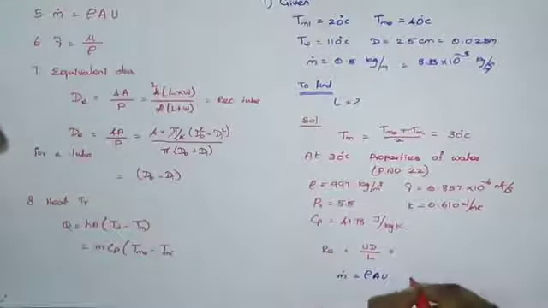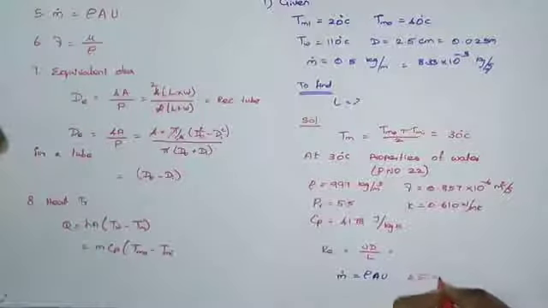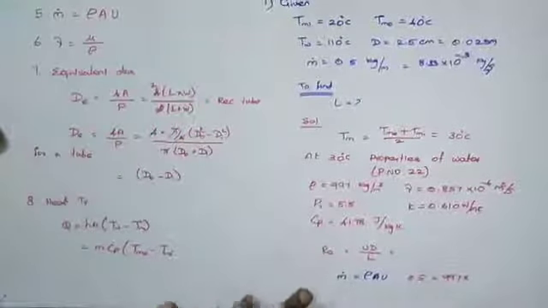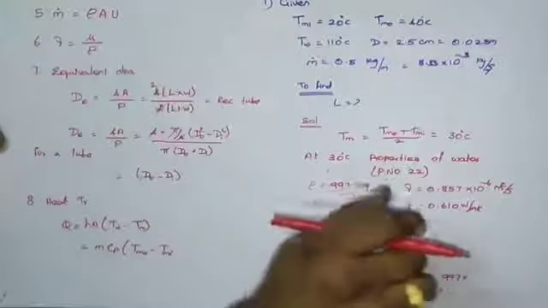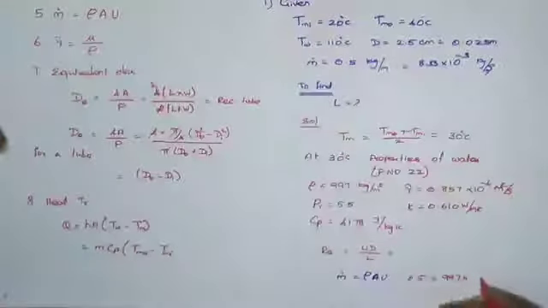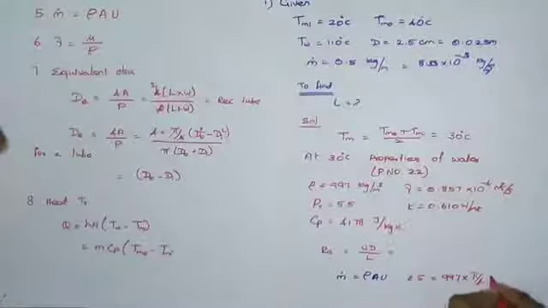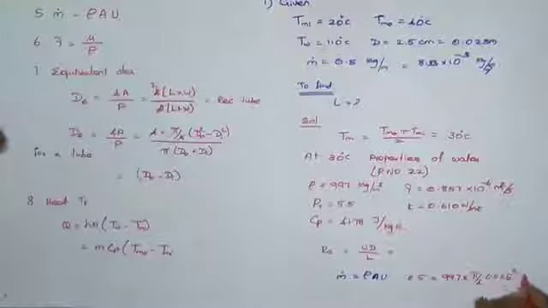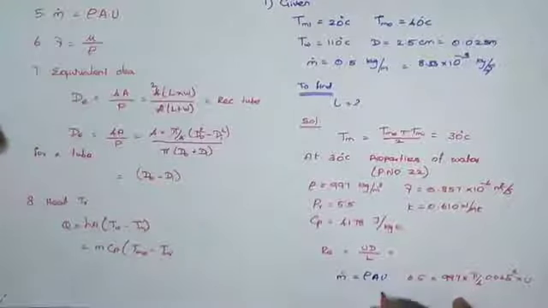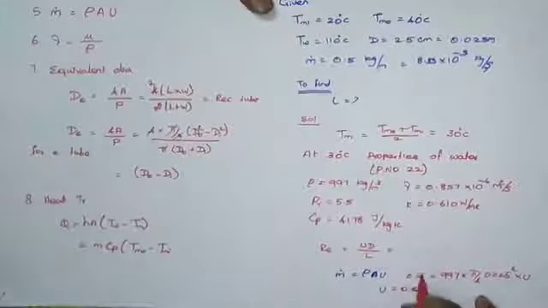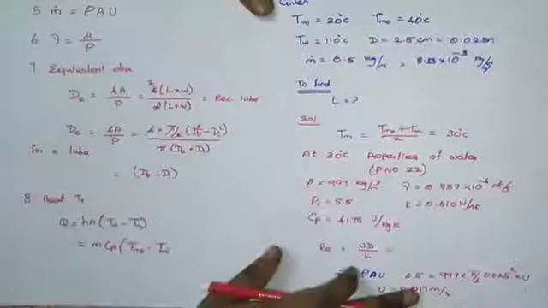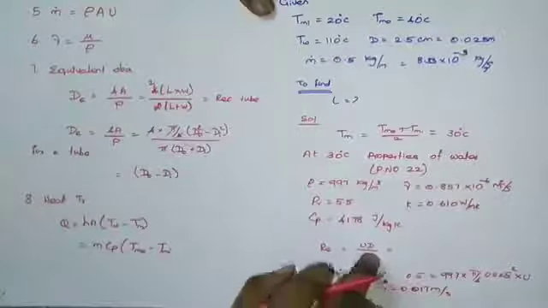So this mass flow rate is 0.5, which is equal to 997 into the area value, pi by 4 d squared. Here the d value you should use 2.5 centimeter, pi by 4 into 0.025 squared into u. From this equation find the u value. U equal to 0.017 meter per second.